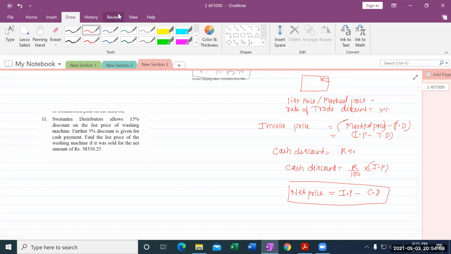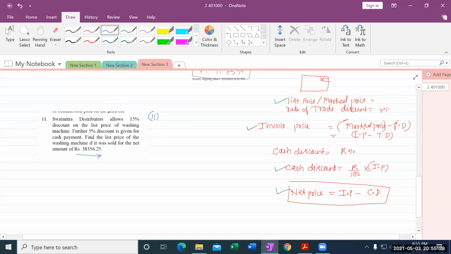So there are a few terms that you have to learn. What is net price? What is cash discount? What is invoice price? Then the list price is already given in the question. Sometimes if it is not given in the question, then the net price will be given, so vice versa, you have to calculate or assume. Once you see this question, here the net price is given, means the final amount is given.